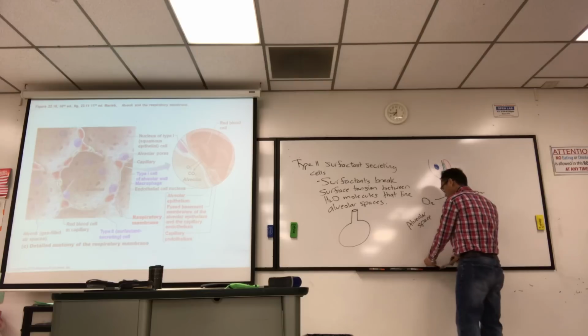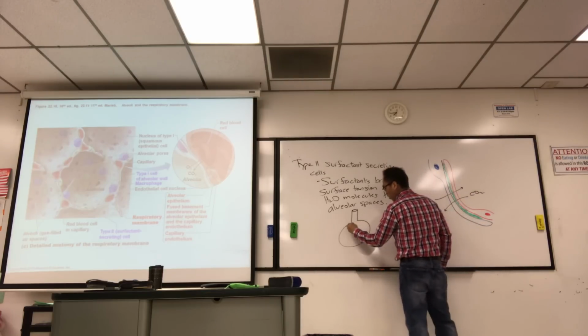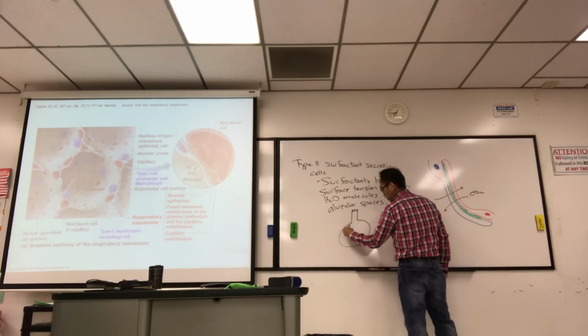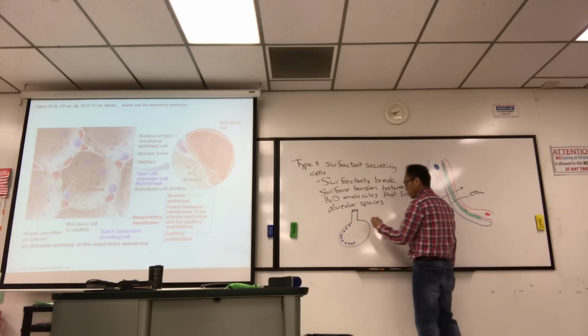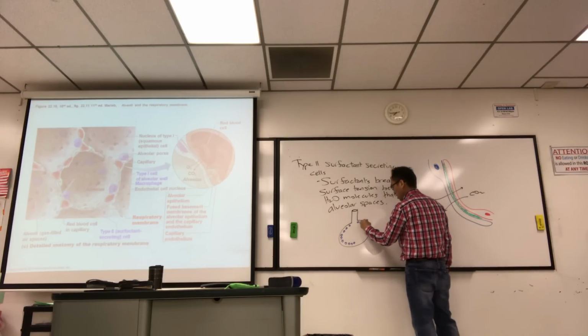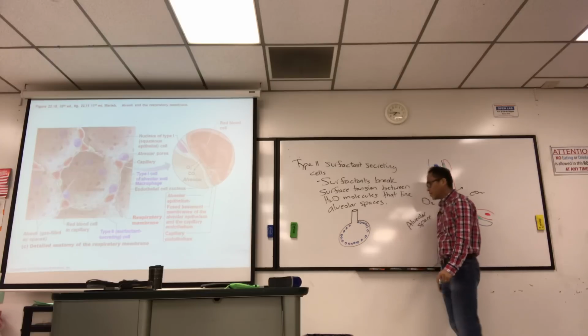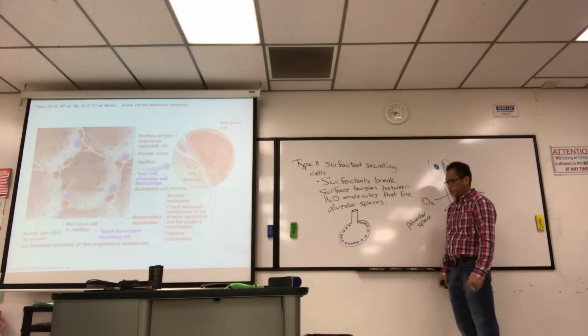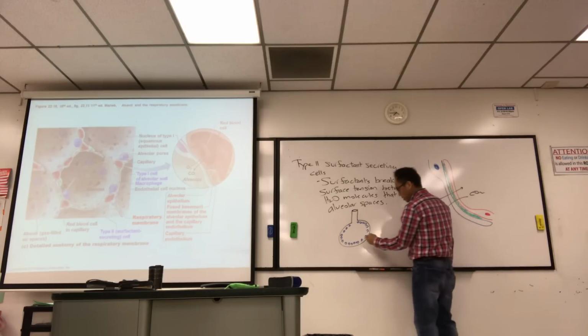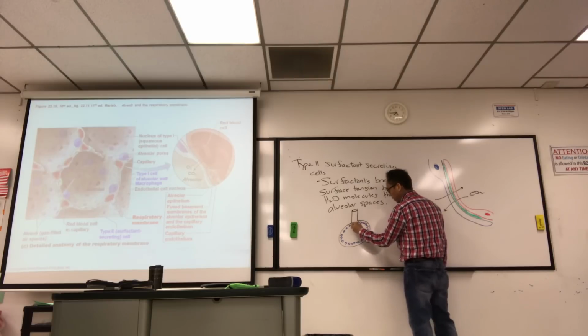So imagine all these little water molecules that line the space. And they're in a circle. The thing about it is, there's cohesive forces between the water molecules, and they're kind of attracted to each other. Okay, so I'll kind of link them together.